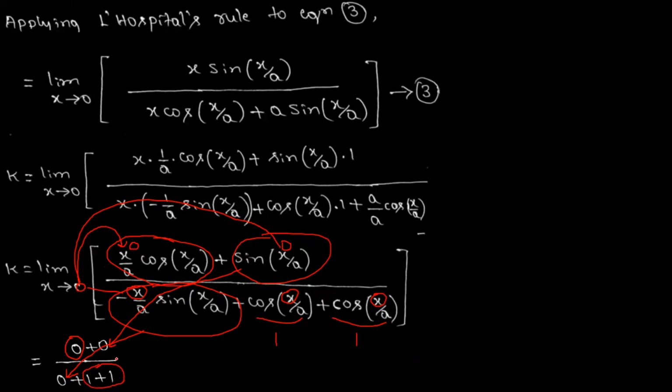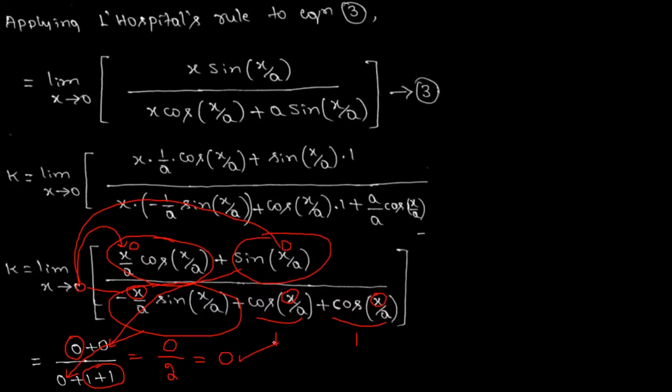Now let us see what we are getting. Very clearly, it is 0 in the numerator, and in the denominator we have 0 plus 1 plus 1, which is 2. We all know 0 divided by any finite quantity is 0 only. So 0 is finite, no problem.